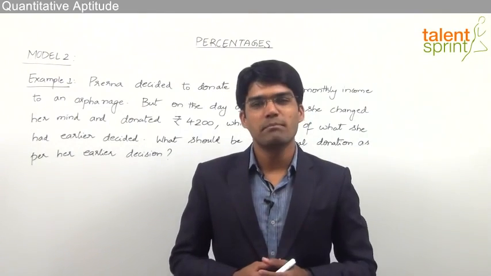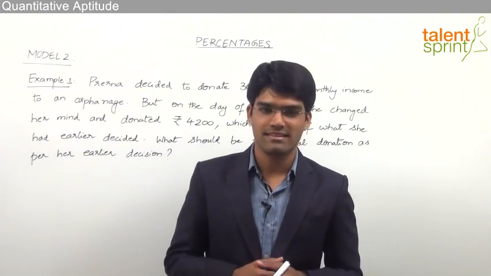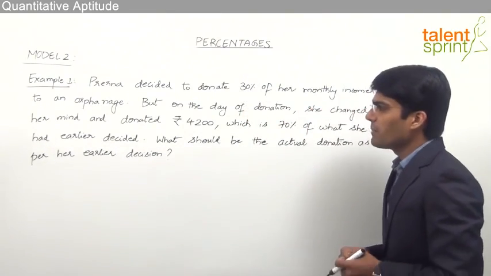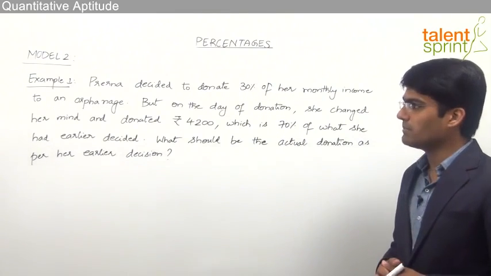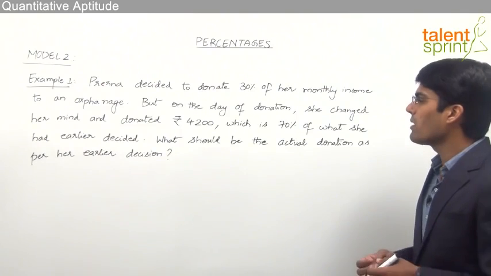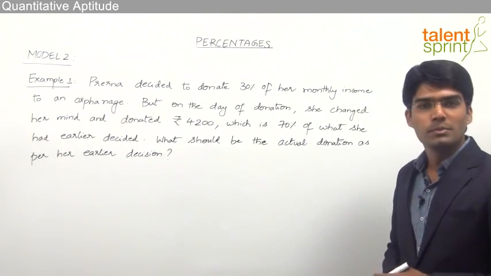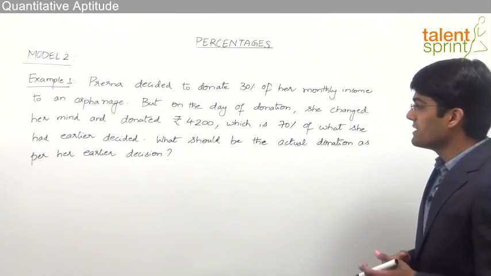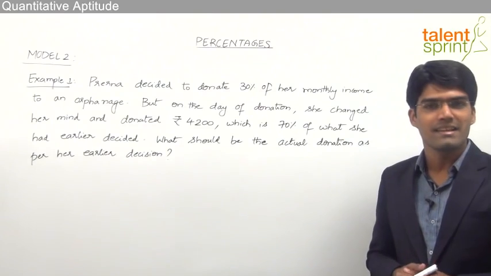Let us now take an example which is based on the concept of percentage that we have just discussed. The question here is, Prerna decided to donate 30% of her monthly income to an orphanage, but on the day of donation she changed her mind and donated rupees 4,200, which is 70% of what she had earlier decided.